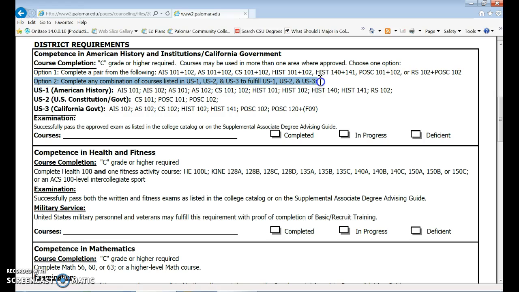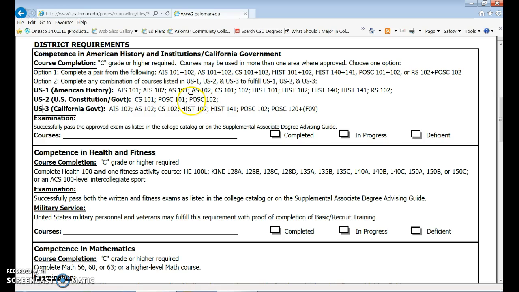Option 2 is basically taking classes that fulfill Area 1, US 2, and US 3. So if you decided to take History 101, U.S. history before the Civil War, then you would have to look for classes that would take care of U.S. 2 and 3.